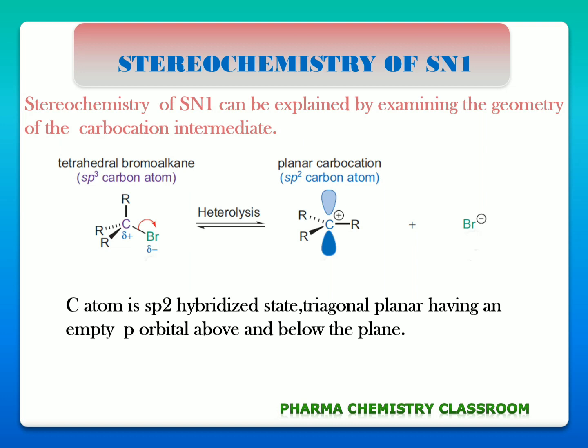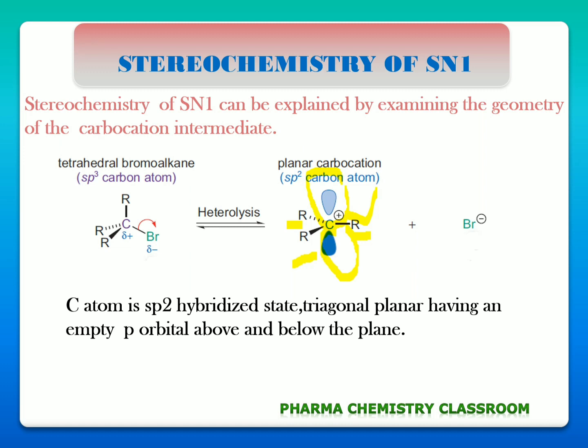This carbocation contains three other atoms or groups of atoms attached to the carbon containing the positive charge and has a vacant p orbital which is located above and below the plane. That is why the carbon atom is in an sp2 hybridized state and is trigonal planar, having the p orbital above and below the plane.